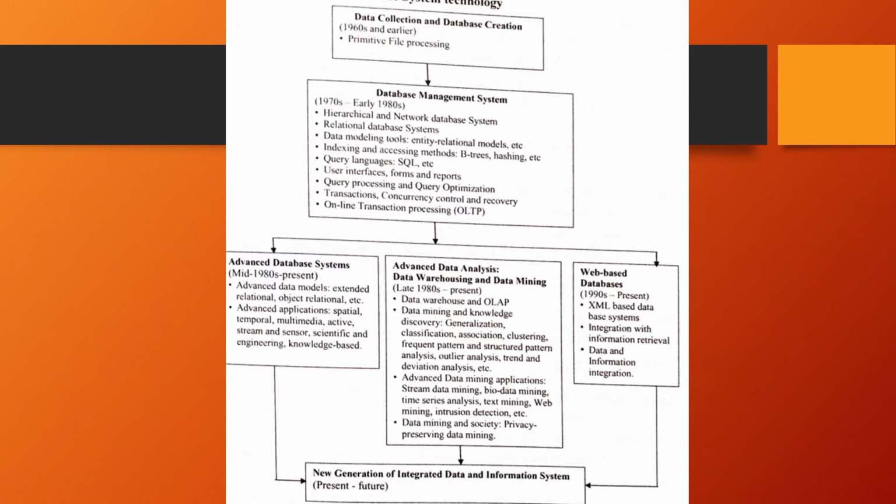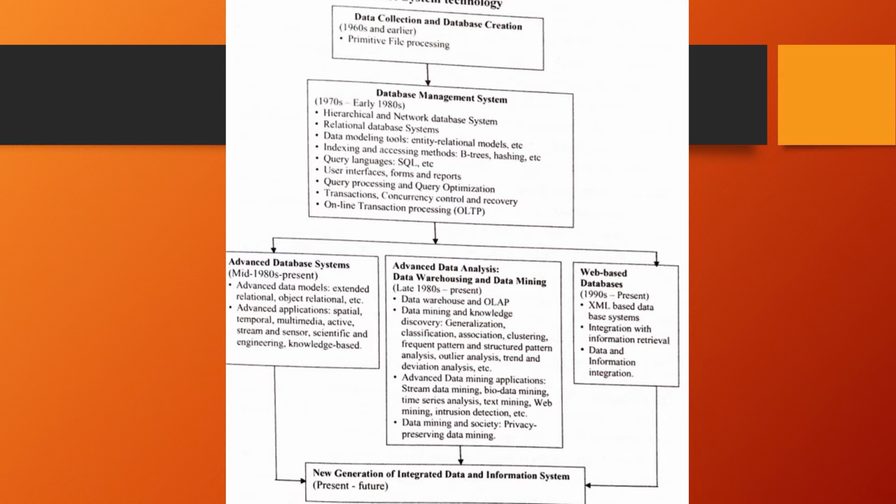We have the relational database system, which I already discussed in your database fundamentals, the data modeling tools, which focus on the entity relationship model or relational model, the indexing and accessing methods, the query language, user interfaces, and a lot more.